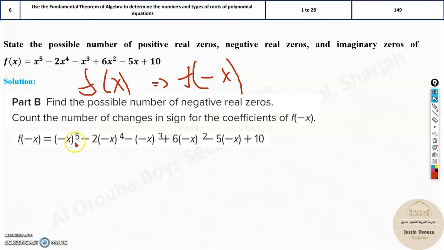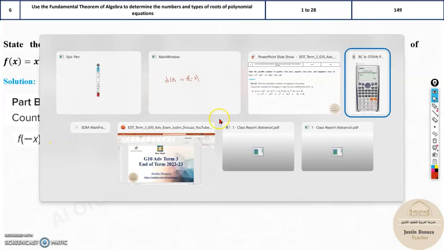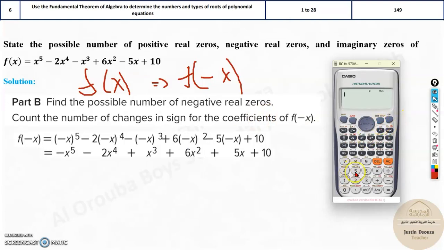When you simplify, remember when it's odd powers, the negative sign sustains, whereas if it's even powers, the negative sign diminishes. Whenever it is an odd power, the negative will be there. You can try this in a calculator. Take any number, say minus 5 to the power 5.